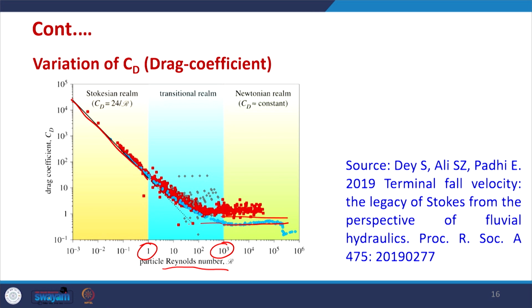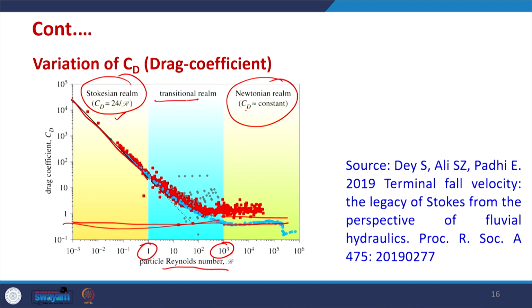It is a fixed value. The first region where there is a linear decrease is called the Stokes law region, and the region where C D is constant is called the Newtonian region. In between we have a transitional region, where different equations have been given to model the variation of C D with particle Reynolds number.